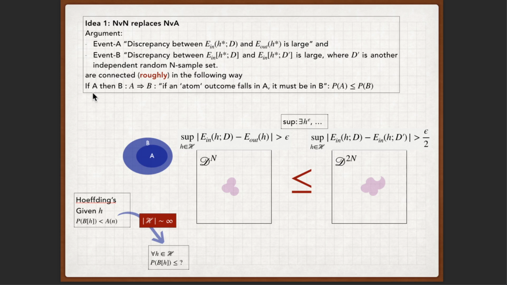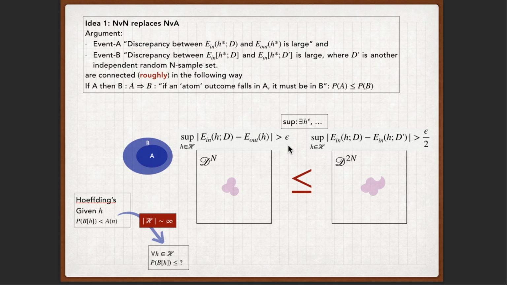As we have discussed, consider the event that for some hypothesis in the hypothesis family, this supremum, which means we examine every single hypothesis in the family and check the maximum value of this quantity, and examine if the maximum value of this quantity is exceeding the threshold, which is the same as saying there exists at least one hypothesis in the family which makes this quantity exceed the threshold.